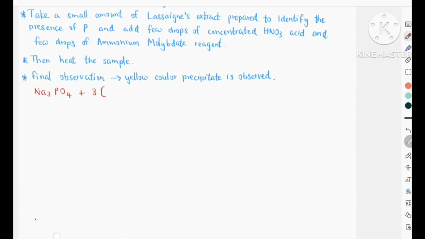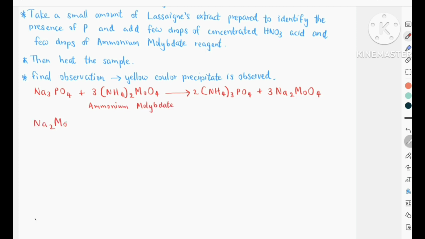This is the chemical reaction of sodium phosphate and ammonium molybdate. This reaction forms ammonium phosphate and sodium molybdate. This is the chemical reaction of sodium molybdate and nitric acid.